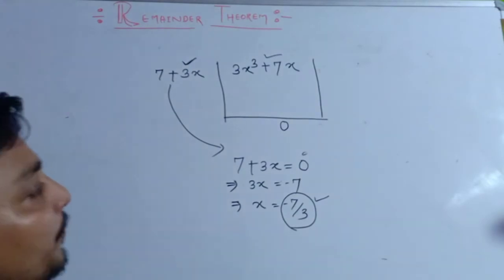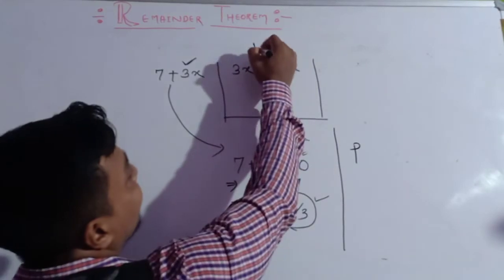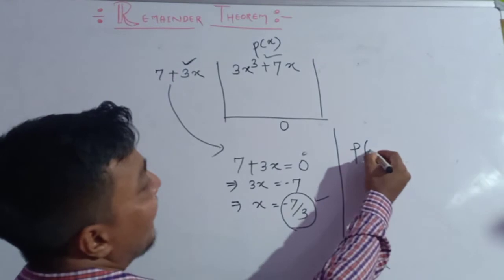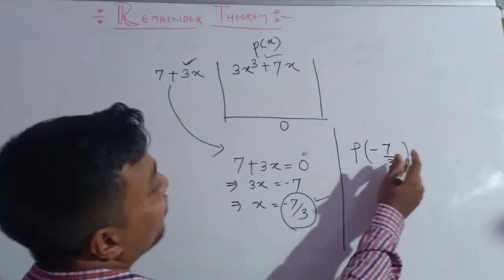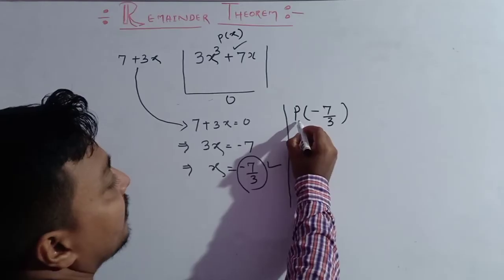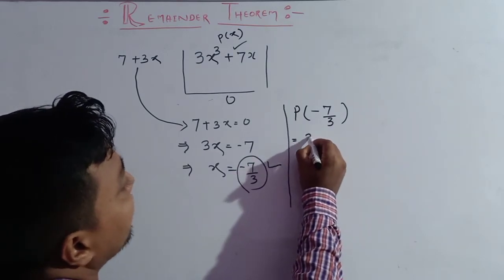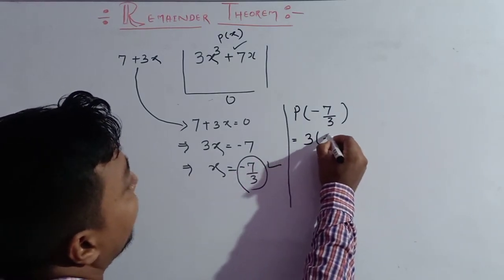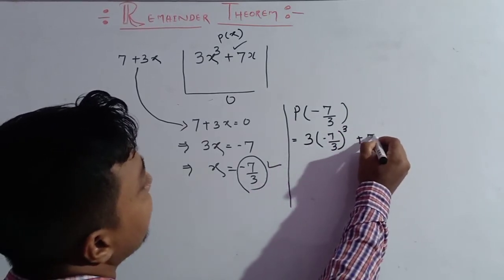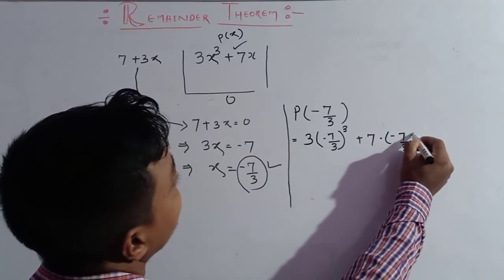After getting the point, our second step is to find the value of the polynomial, our p(x), at the 0 of g(x), otherwise the 0 of our divisor. So we find the value at the point minus 7 by 3, which becomes 3 into (minus 7 by 3) cube plus 7 into minus 7 divided by 3.